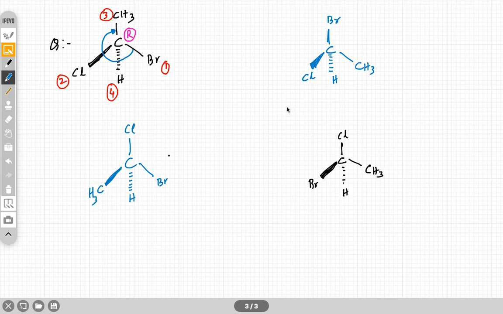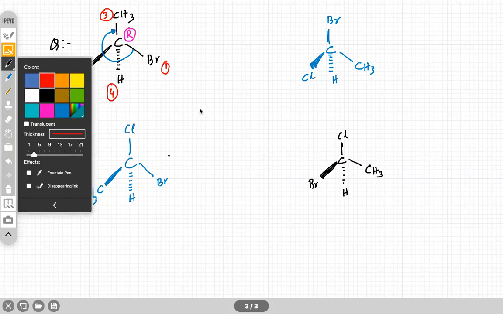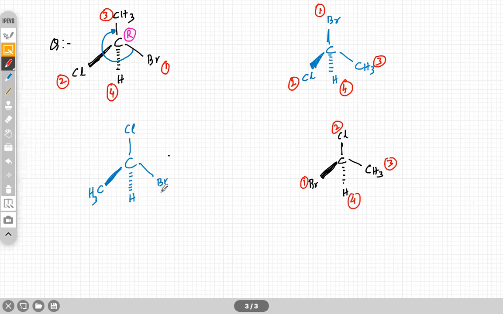Okay. Now you see, if I assign the priority here, I'm doing the second one. This is 1, this is 2, this is 3, and this one is 4. This is 1, 2, 3, and 4. 1, 2, 3, and 4.